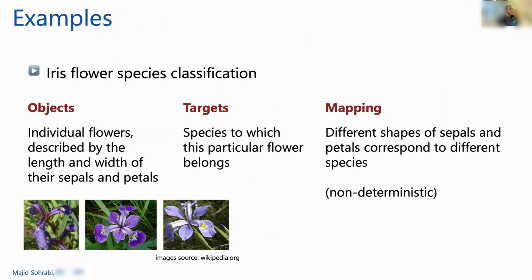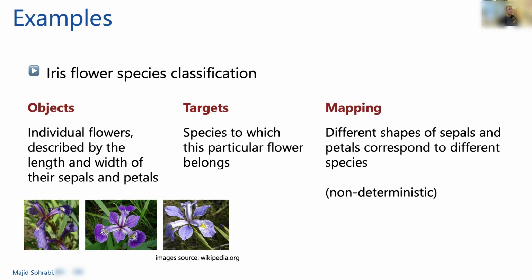Some examples of supervised tasks. The first, very famous example is the iris dataset, which is one of the earliest datasets used for deriving statistical methods. The object for this dataset is an individual flower, described by its sepal and petal lengths and widths.